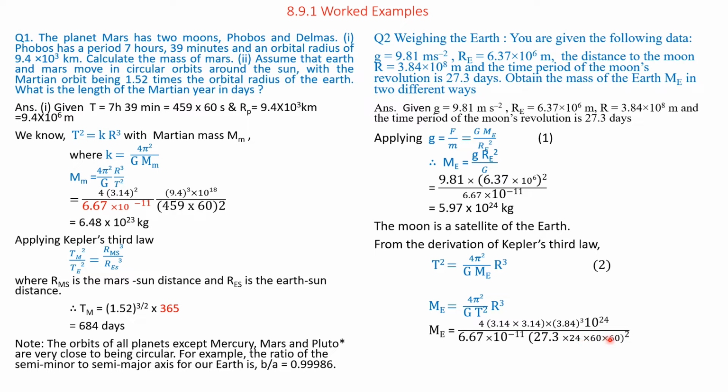So it is given here. You write down, and the value will be, you will find that ME, mass of the Earth, is 6.02 into 10 to the power of 24 kgs, which is almost nearly equal to the value we found in the previous case.